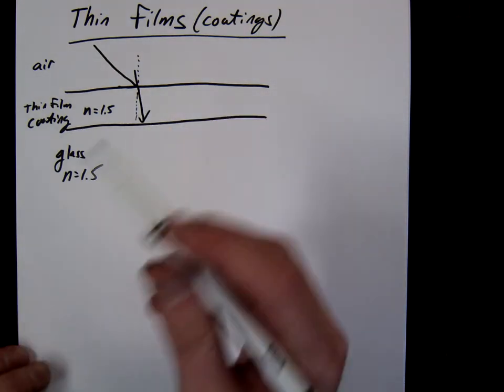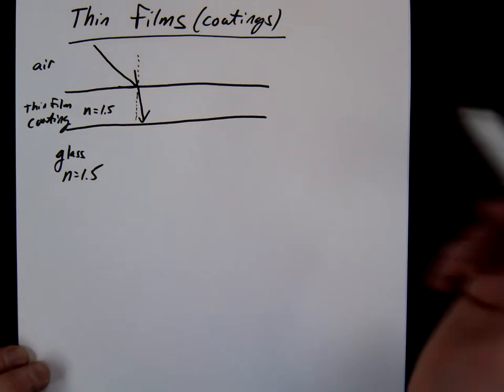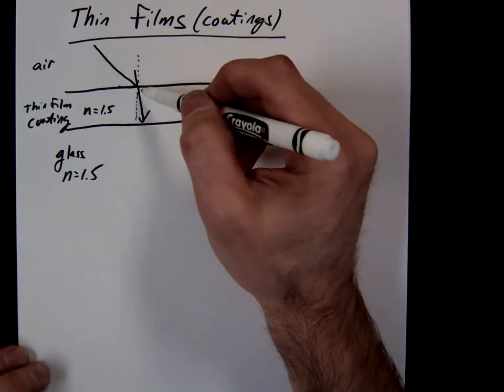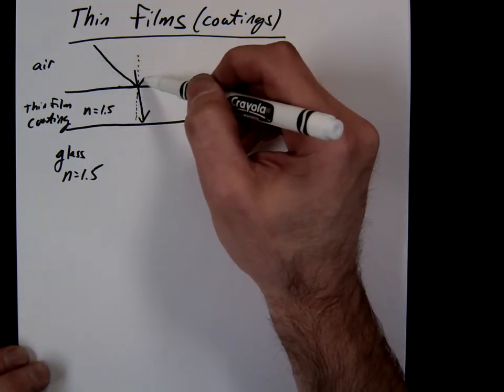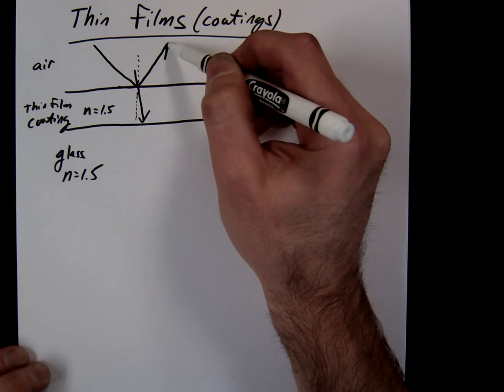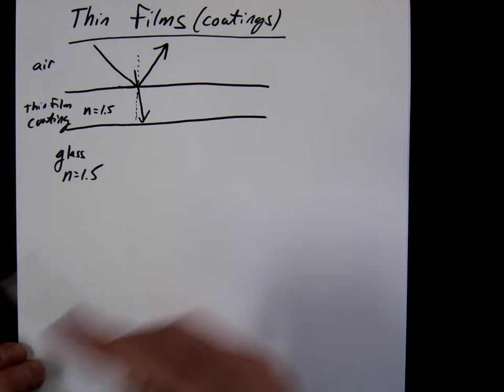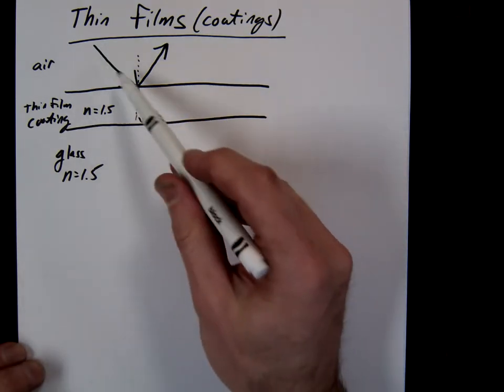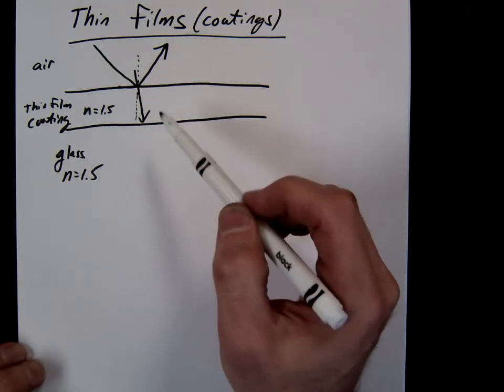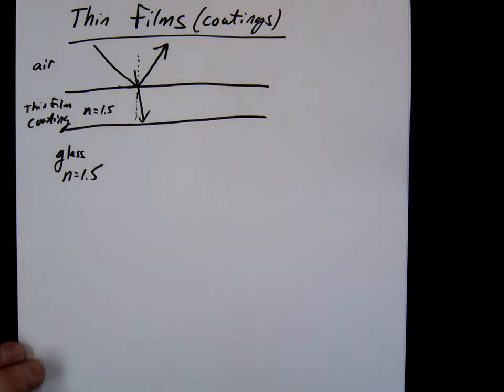Now there's something else that happens that I didn't really talk about at the time: not only does it refract, but it also reflects. So there are actually two things that happen. You get some refraction and you get some reflection as well. You've experienced this all the time.